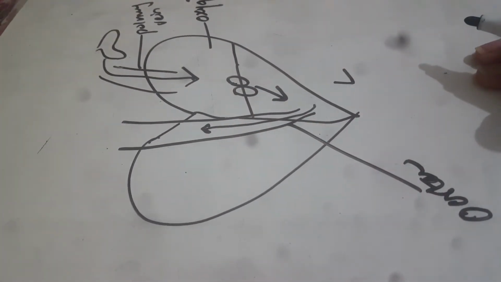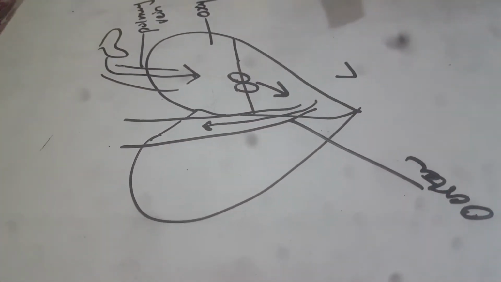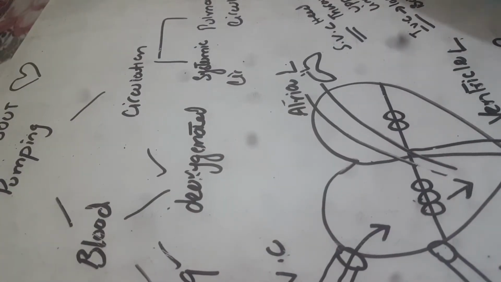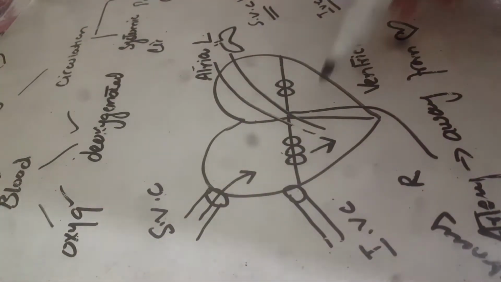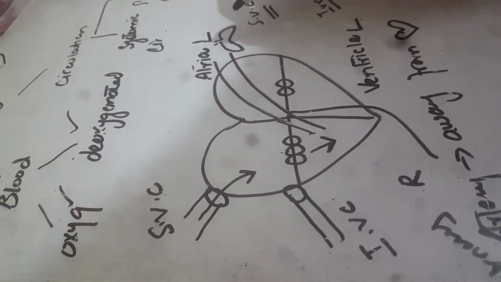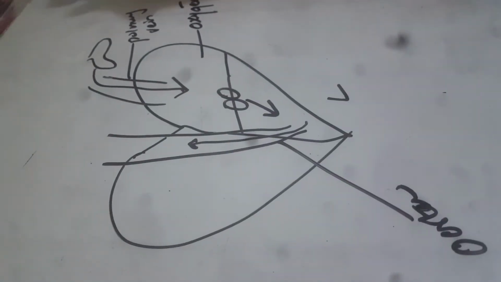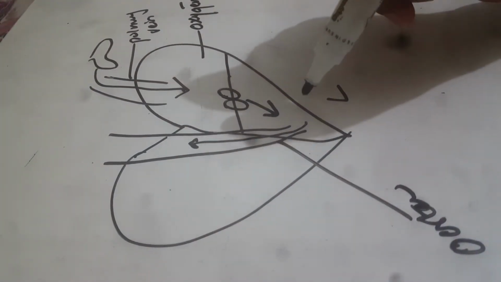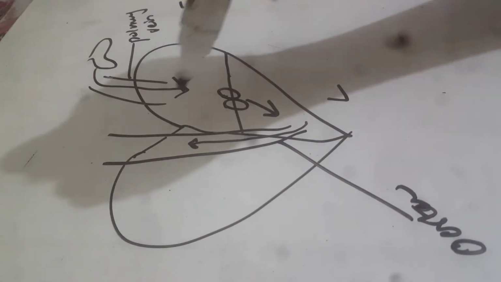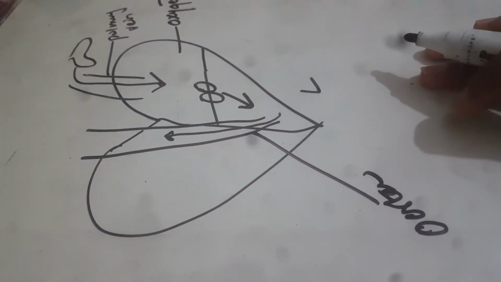This is the systemic circulation. And this is the pulmonary circulation that we have studied on the right side of the heart, because it is giving blood to the lungs. Lung is the pulmonary part, and now this is the systemic circulation, as the blood is running back from the lungs to the left atrium via the bicuspid valve to the left ventricle. From the left ventricle it pushes into the aorta, and the aorta distributes it all over the systemic circulation.